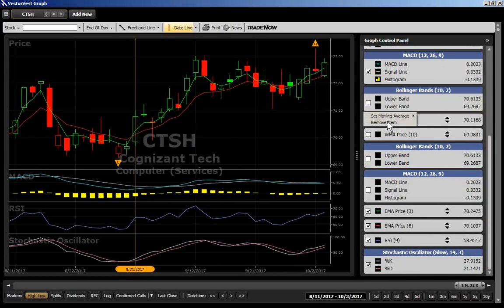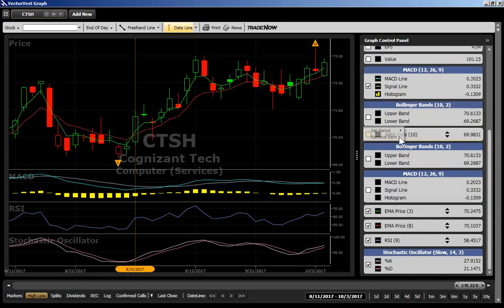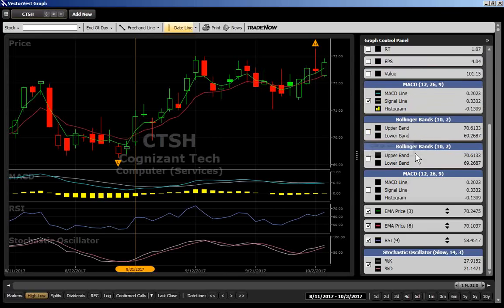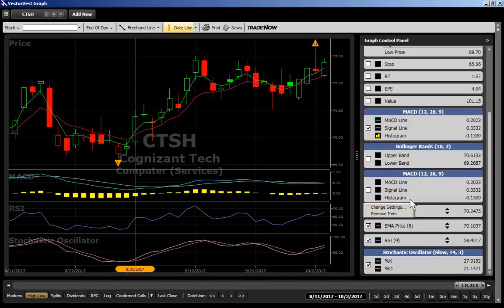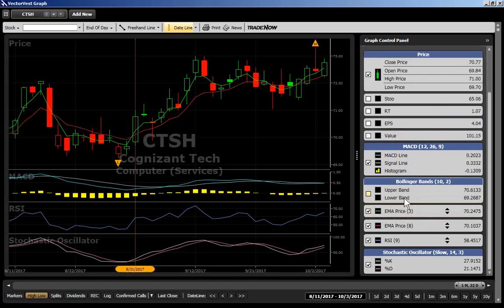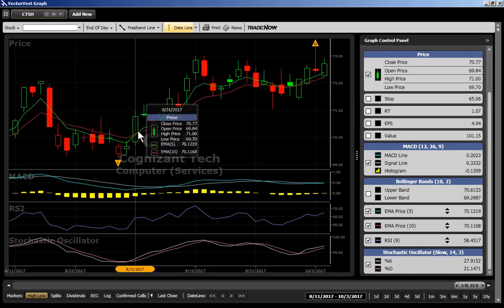Let's take off some of these things. Remove. So we were looking at an exponential 5 and 10. I'm going to move this up to a 5, move this up to a 10. Look at that. Right on that day, the 5 and the 10 crossed. Look at what happened to the stock.